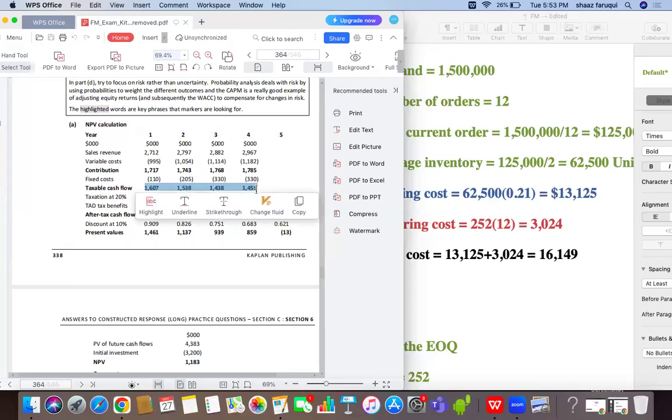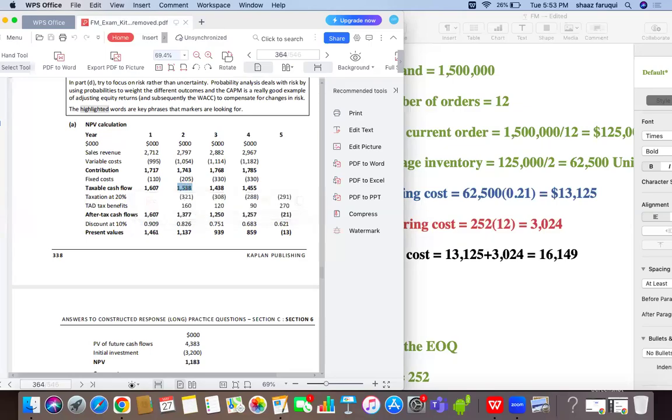Now, the taxes are paid 1 year in arrears. What do I mean by 1 year in arrears? This also you would have learned. You don't need to do the tax paper to do this, but tax is 20%. And it's paid 1 year in arrears, meaning first year's tax you pay in the second year.